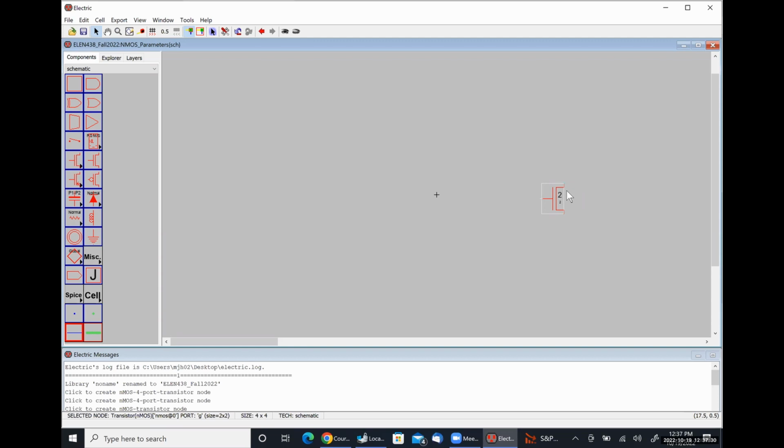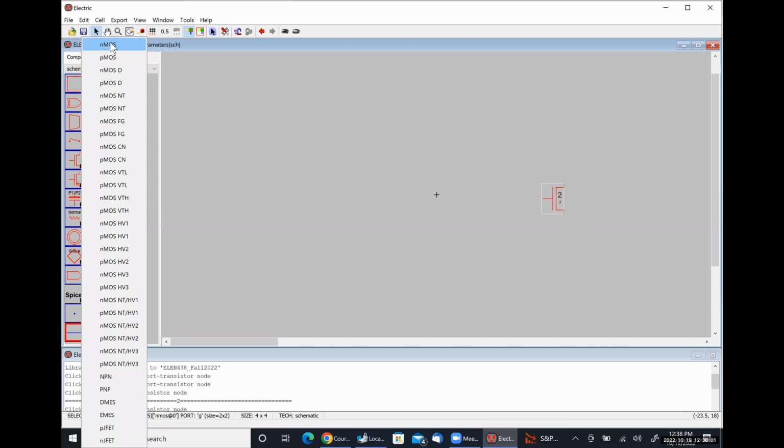I'm pretty sure if you went over here, right click on the library, create new cell, schematic, named it NMOS_parameters, and then went into component view, pulled out the NMOS, just put it. Tell me to slow down if I need to slow down, by the way. Yep. And then right here, I chose an NMOS and put it in.